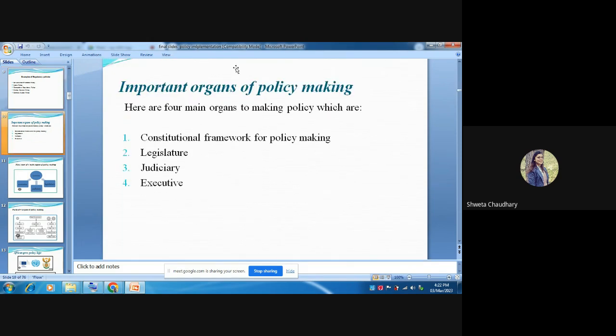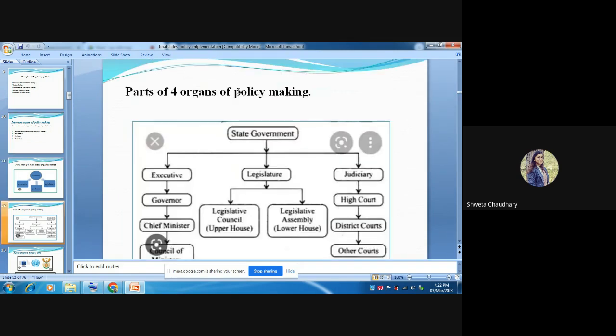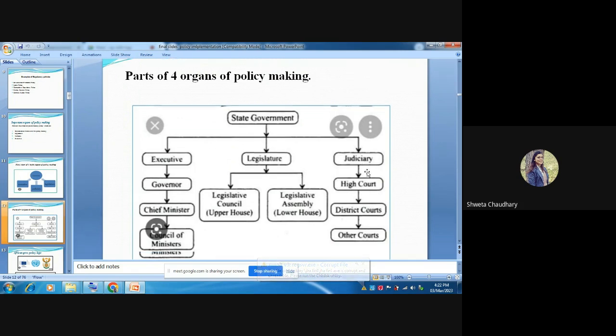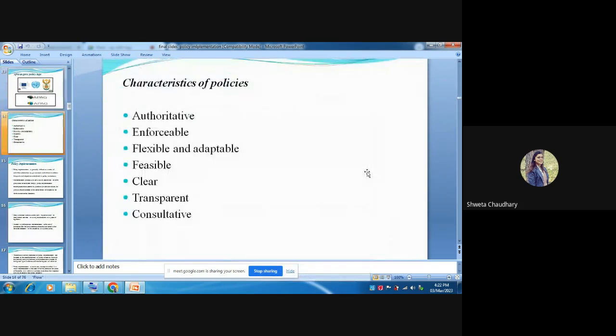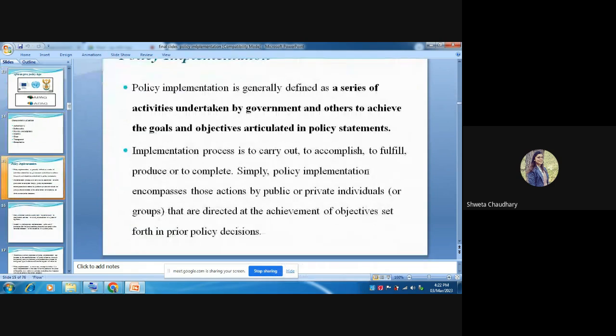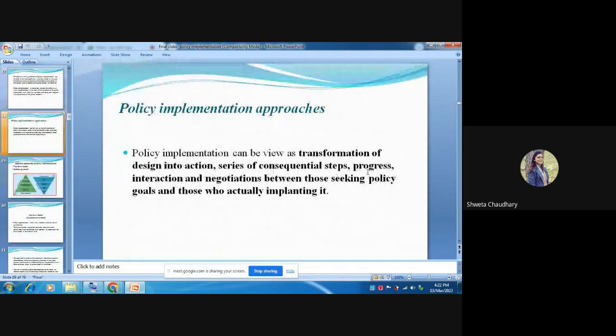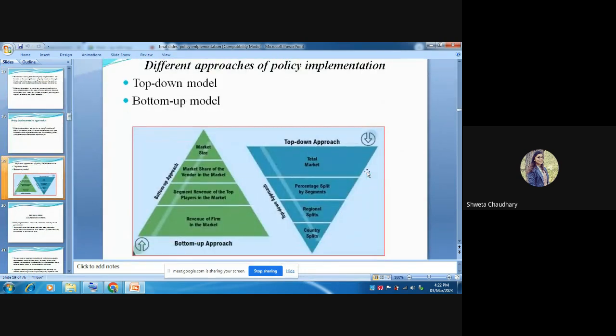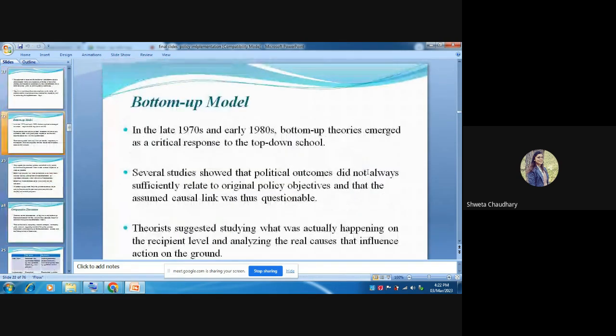Then there are different organs of policy making, like the government, the sole maker of policy. Then who will control among the policy making? So we have the judiciary body, legislature, and executive body. Then we studied what policy implementation is. Then there are different approaches like top-down approach, bottom-up approach, and hybrid model.